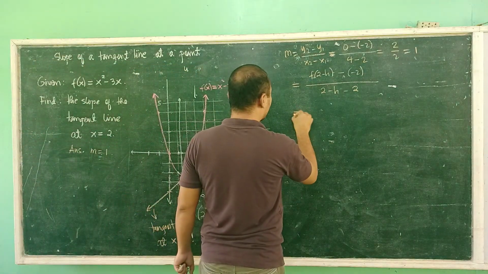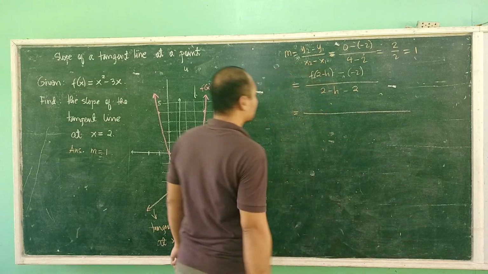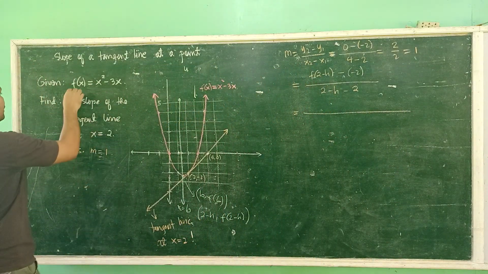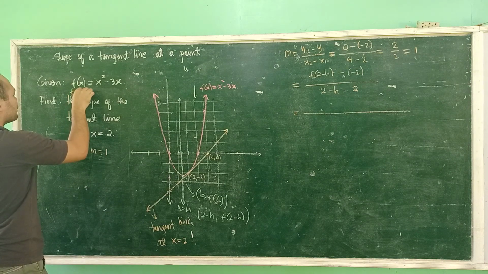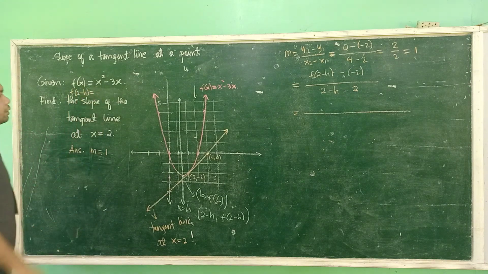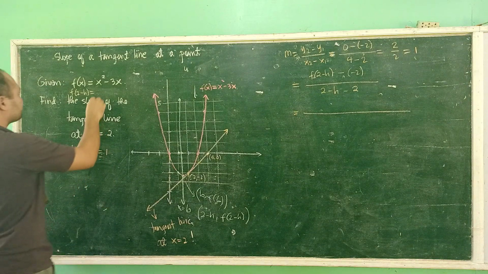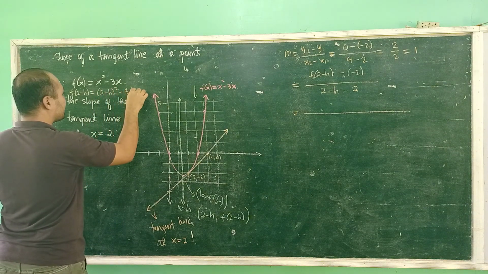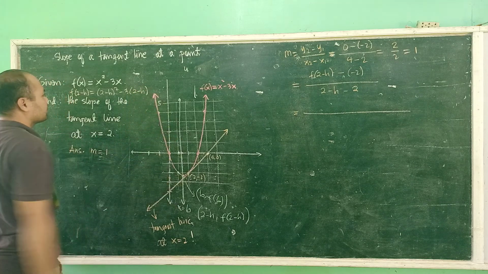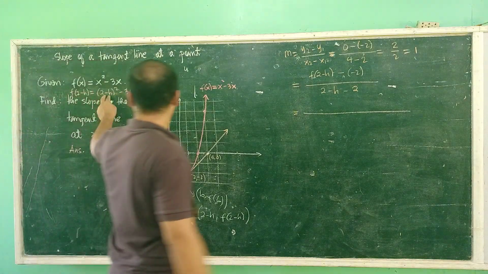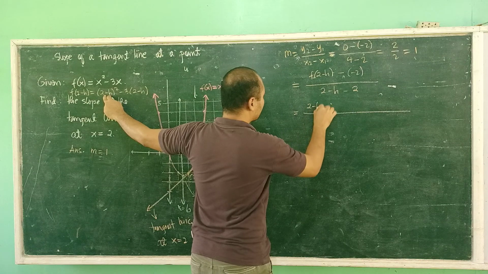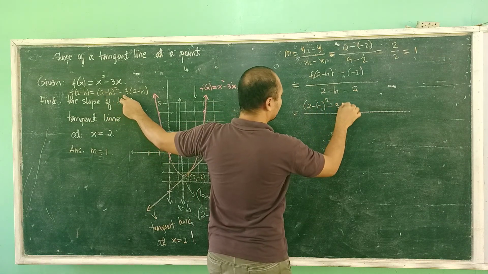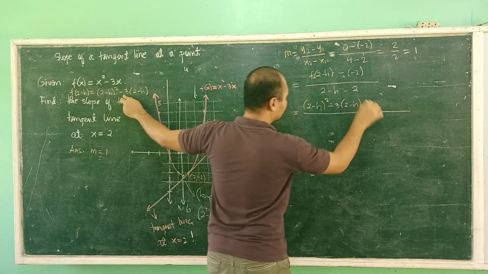Now, we solve for f of 2 minus h. Of course, f of x is x squared minus 3x. So therefore, f of 2 minus h is just equal to 2 minus h squared minus 3 times 2 minus h. So we write it here: 2 minus h squared minus 3 times 2 minus h.